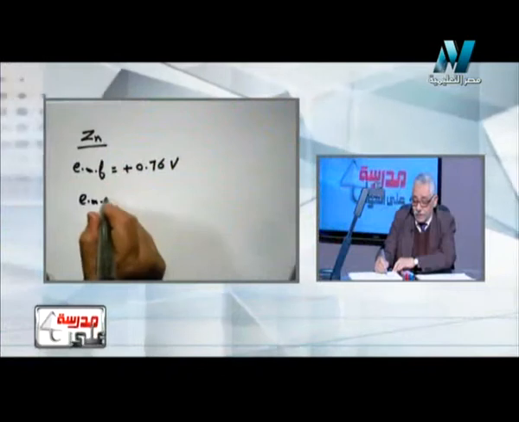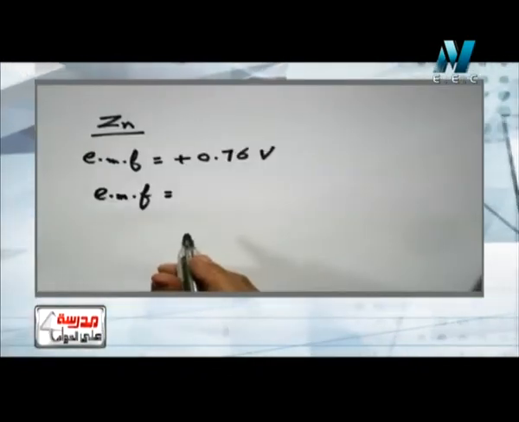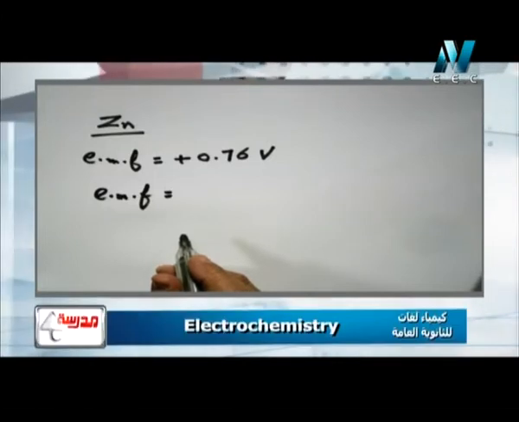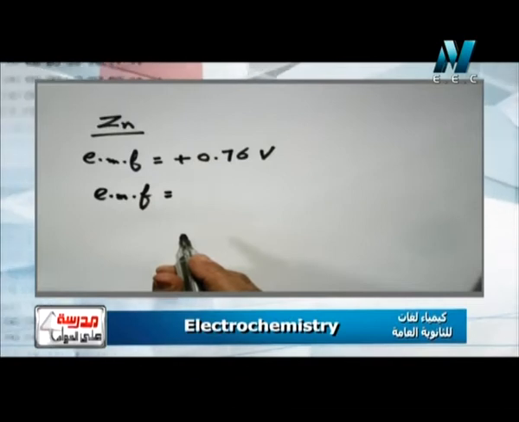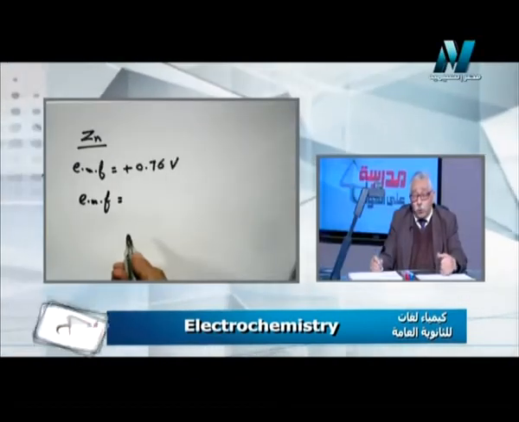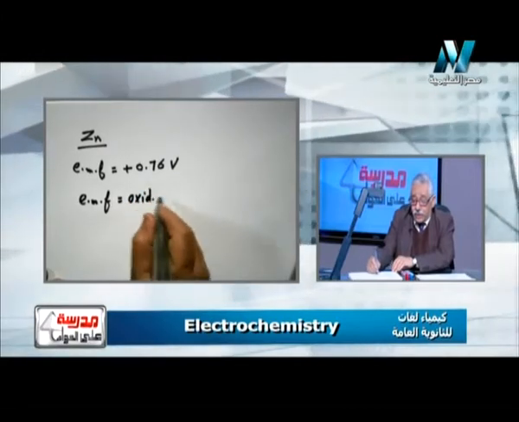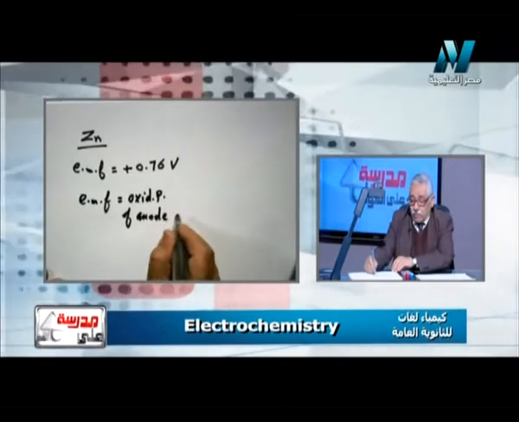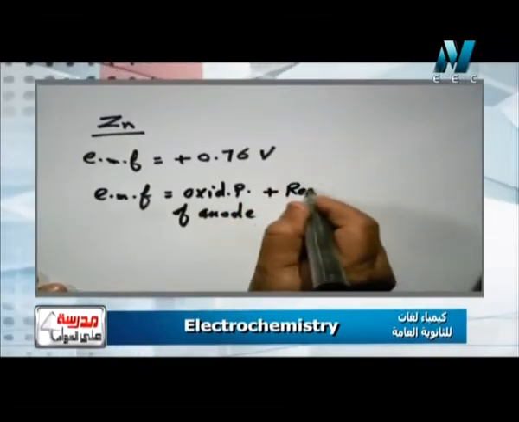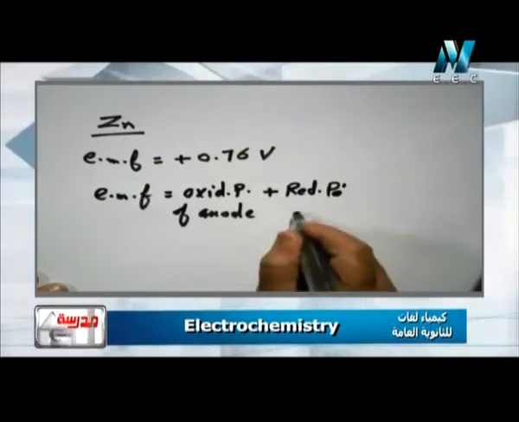We know that EMF equals, as I said, the difference between the two oxidation potentials starting with the anode, or the difference between two reduction potentials starting with the cathode, or the oxidation potential of anode plus the reduction potential of cathode.